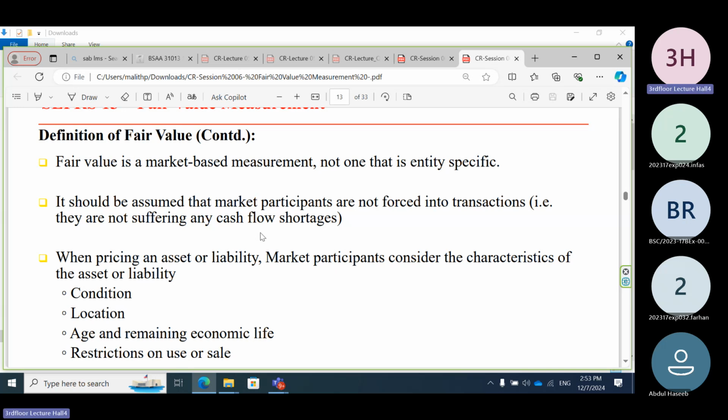In other words, how long we can use this asset to take the core benefit of the asset, right? That is called economic useful lifetime. That does not differ from entity to entity or company to company, right?